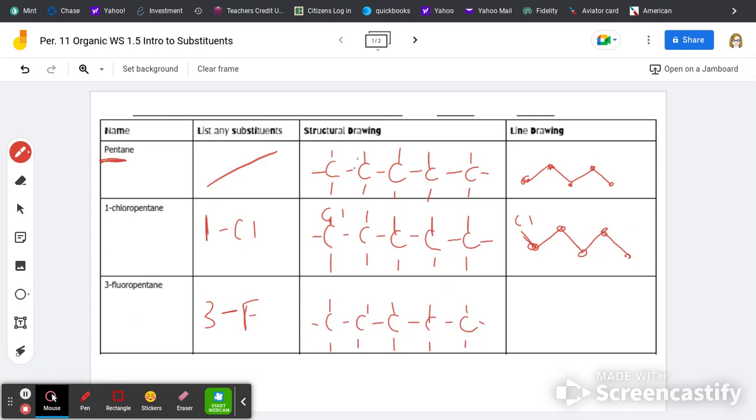So here's first, here's your 2nd, here's your 3rd. I'm having a hard time writing on this screen, but that's your 3rd. So you're going to draw an F right there. And when you draw your dots, you need to add an F to your 3rd.